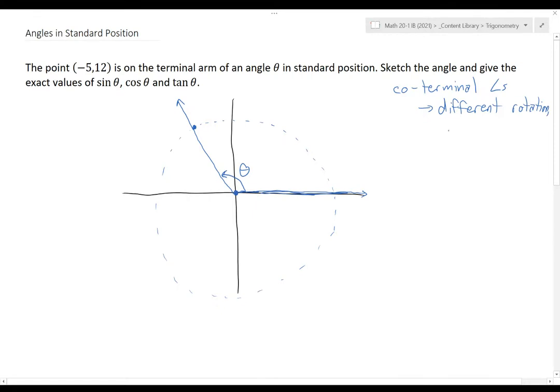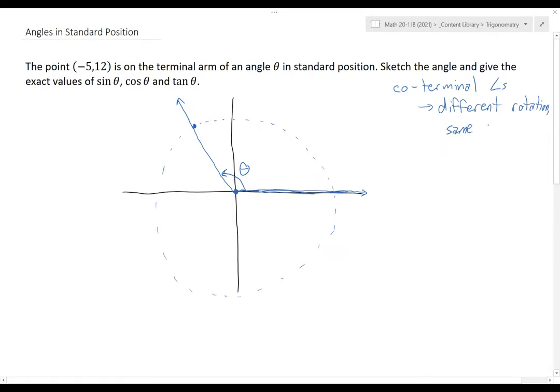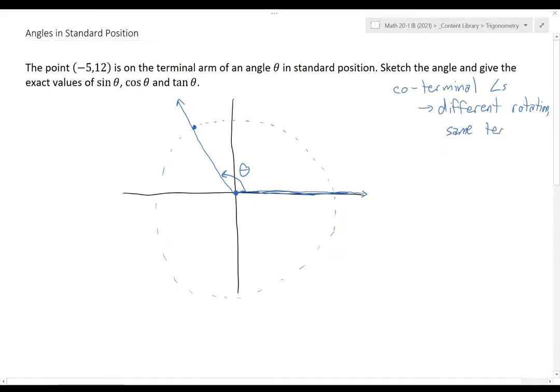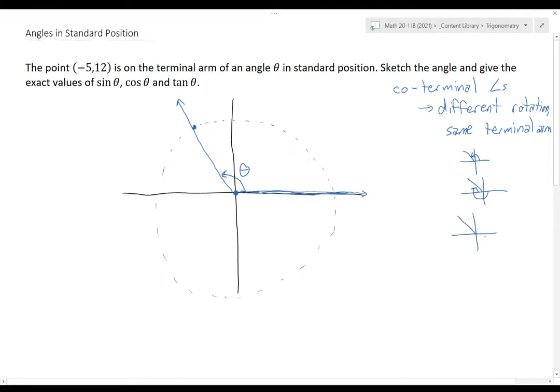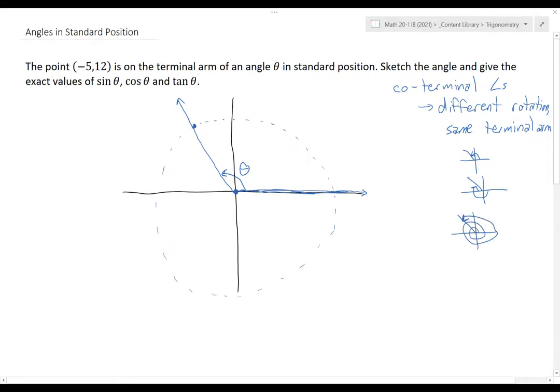And they will all have the same values of sine, cosine, and tangent. I could have several different rotations and then end up in the same place. Those are all coterminal angles.